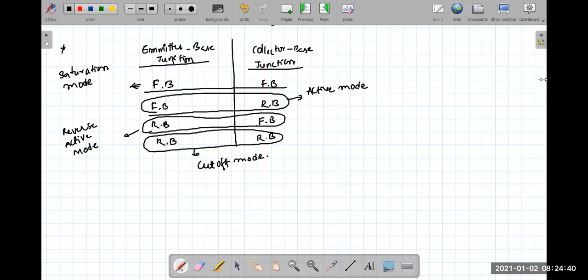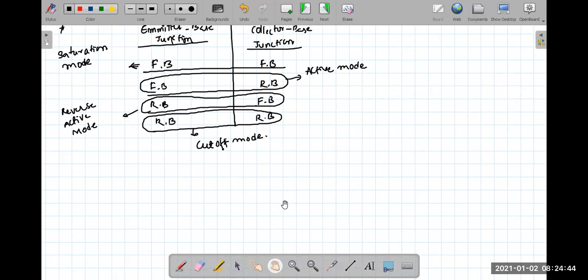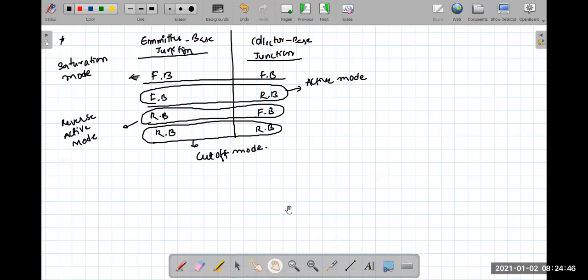To understand this functioning properly, let's consider one type of connection. Let's see how we exactly forward bias and reverse bias this. Here I've biased them. Here itself I'm revealing the secret that we'll be using this in the active mode.